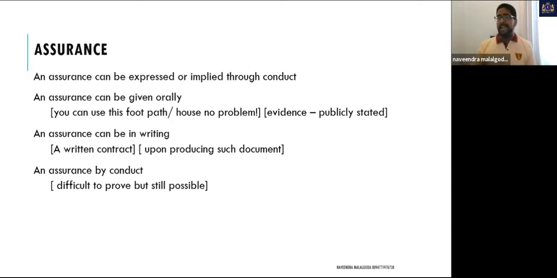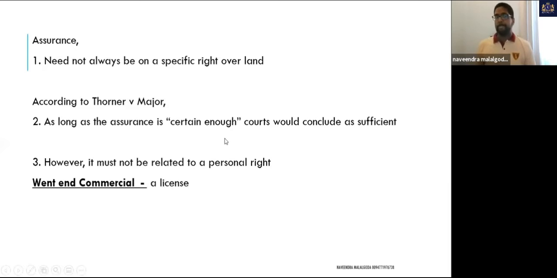But an assurance by conduct is not that easy. In that scenario, however, there has to be sufficient evidence to prove that such conduct by the landowner would imply such assurance. That is very important for us to understand.